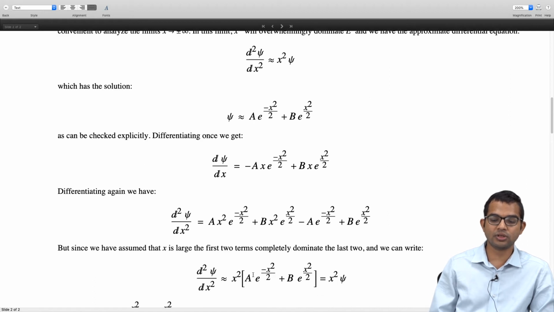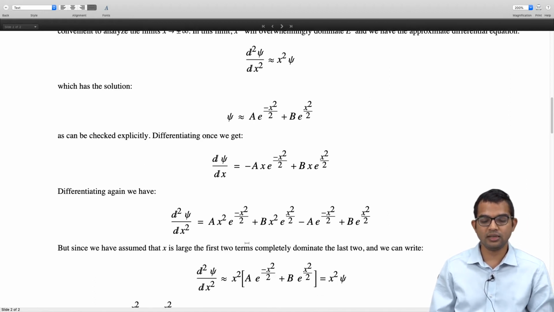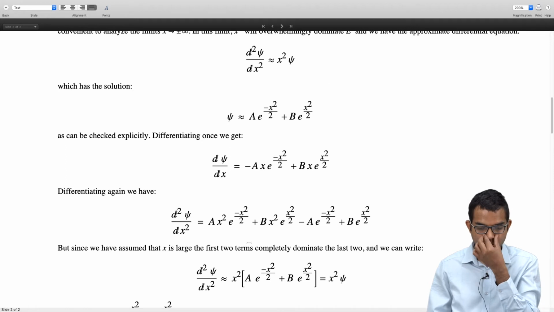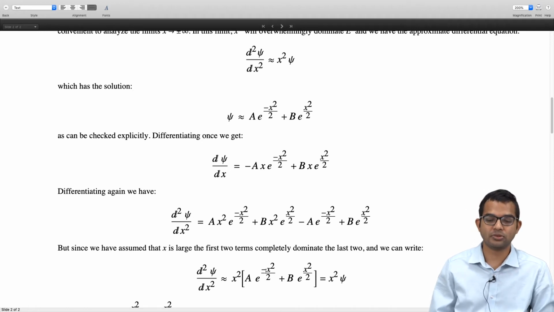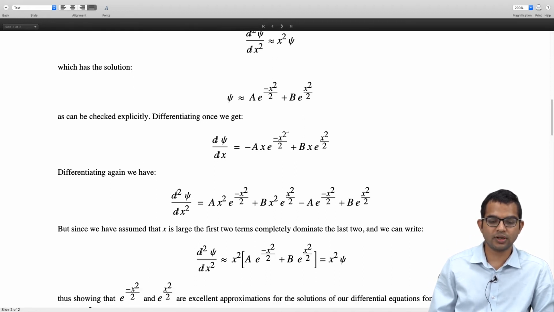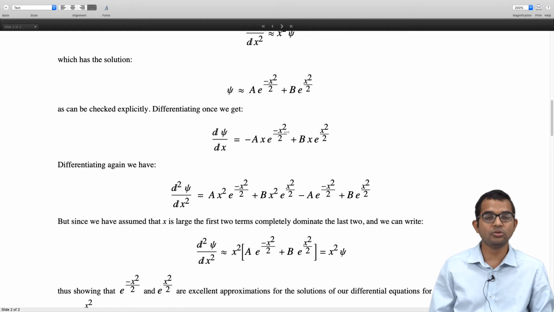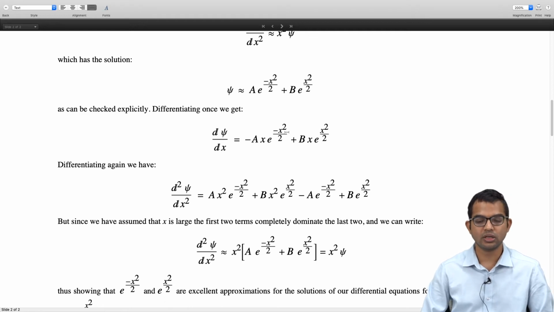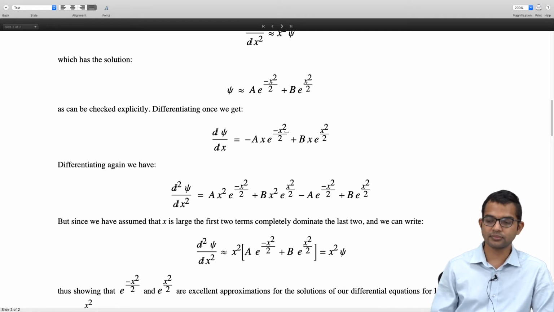And then you also observe that the first two terms are really the same as x squared times psi. So indeed, for large x, this is an approximate solution for your problem. In other words, e to the minus x squared by 2 and e to the x squared by 2 are both approximate solutions of the differential equation for large x.